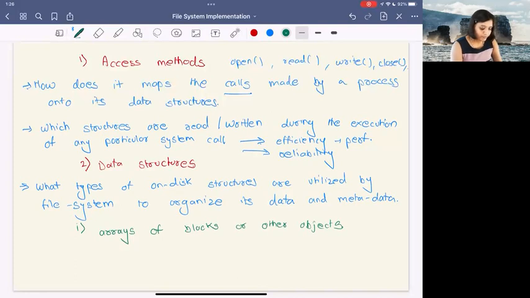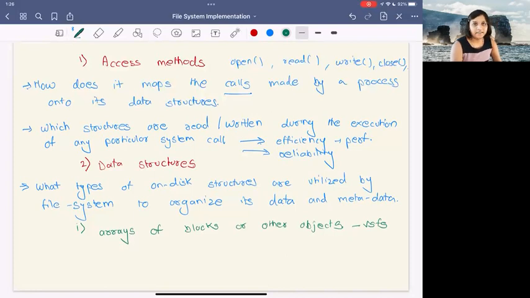Well, one of the primitive file systems was designed exactly on this data structure of arrays, called VSFS, which stands for Very Simple File System. Very simple, right? Just on arrays.